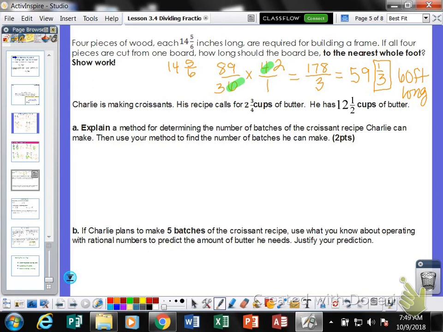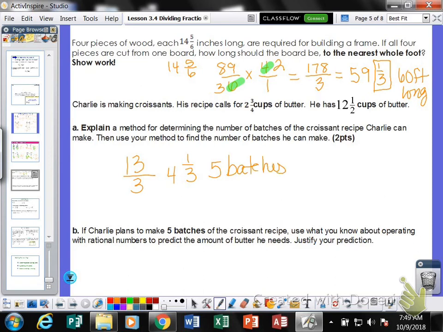We could even estimate here. 12.5 is the same as 13, and maybe we can divide that by 2 3/4, which is close to 3, which gives us, how many times is that? 4 1/3. And because we rounded up, since it's explaining a method, just to be safe, we could say 5 batches.